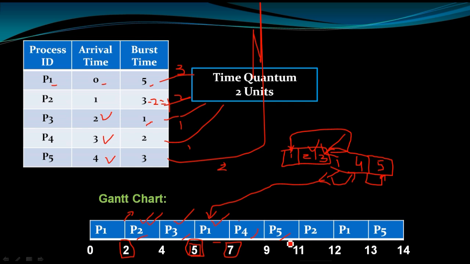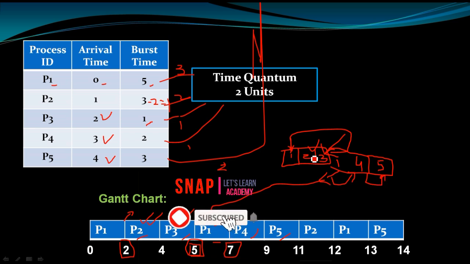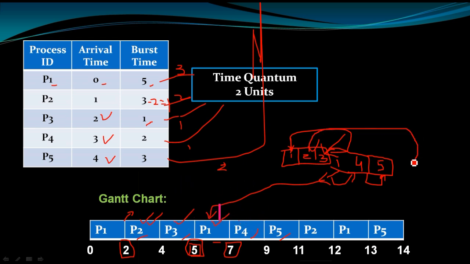Thereafter, P2 has already completed 2 nanoseconds and requires one more time quantum to complete its remaining 1 nanosecond of burst time. So P2 is put into the queue and will again get the next time quantum after P5. P1 is also put back into the queue because it requires 5 nanoseconds of burst time. 2 nanoseconds are completed here, 2 here, and one more nanosecond completes here.